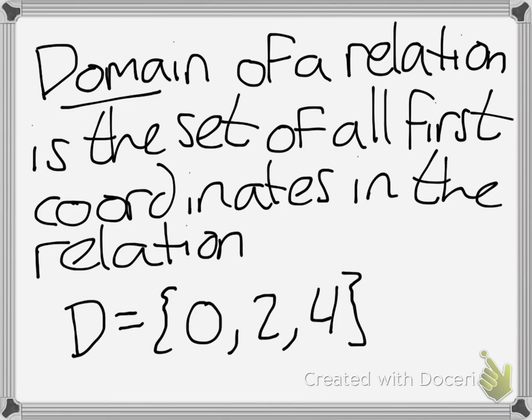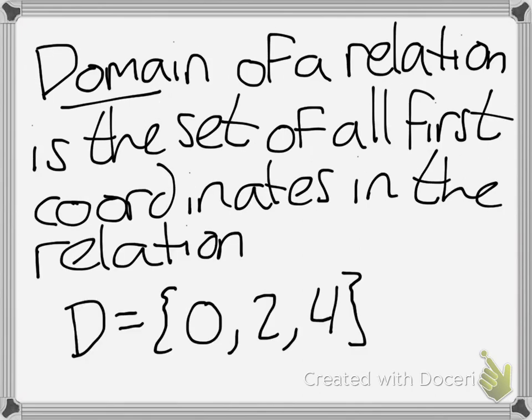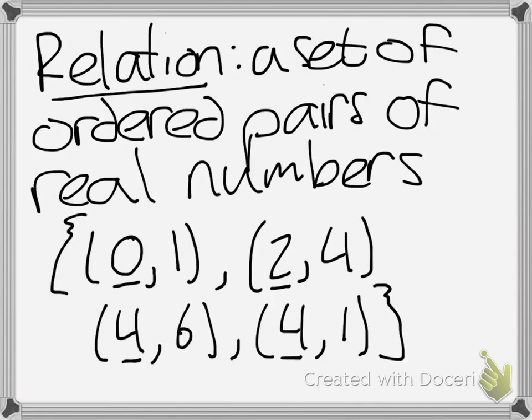As you might expect, since we just talked about our first coordinates, we now have our second coordinates. The range of a relation is the set of all of its second coordinates. So let's go back and look at our relation. My first coordinates were 0, 2, 4, and 4.